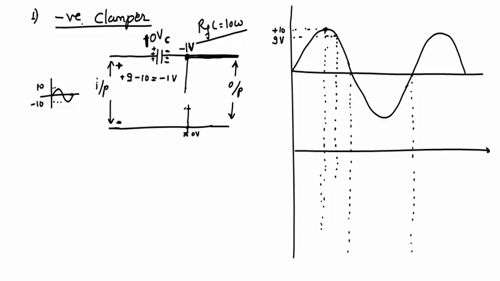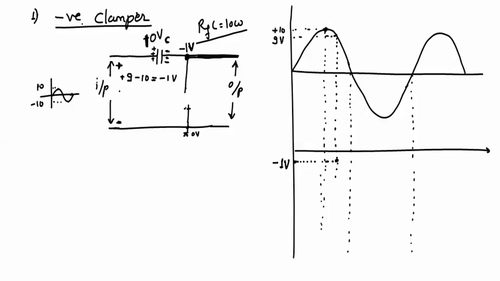So when input falls below plus 10 volt, its positive peak, input is plus 9 volt and output at this 9 volt is minus 1 volt.